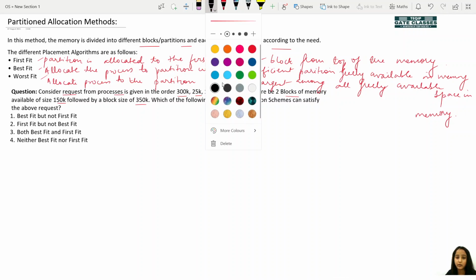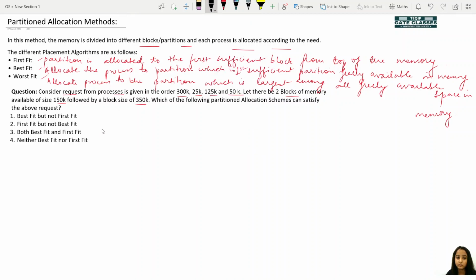Let us see for best fit. What best fit says is, allocate the process to the first partition that is able to accommodate the process.